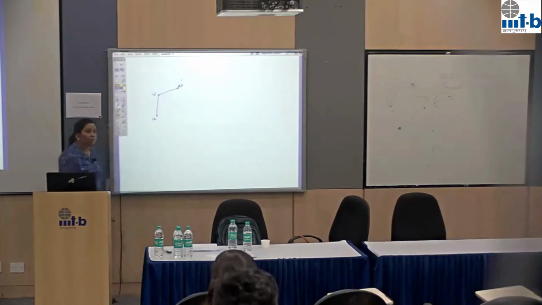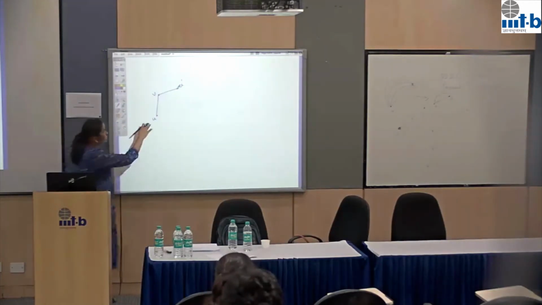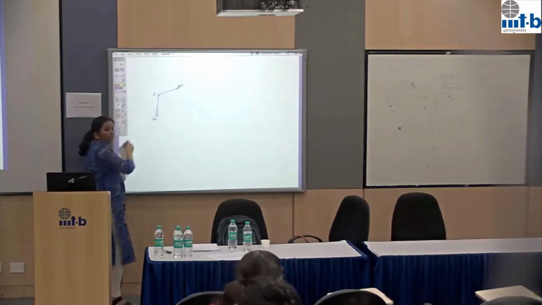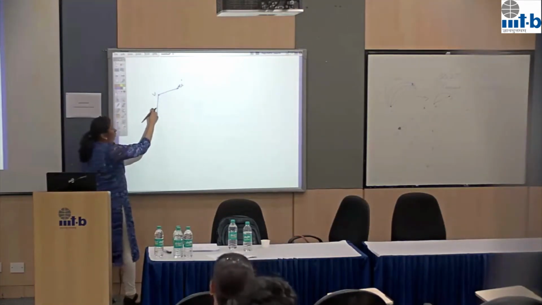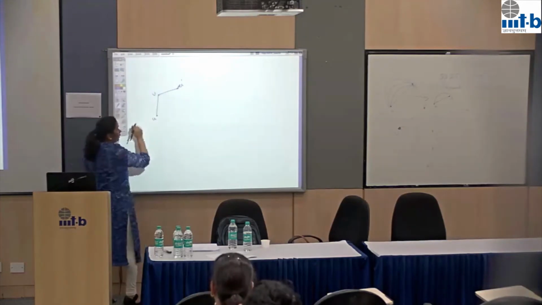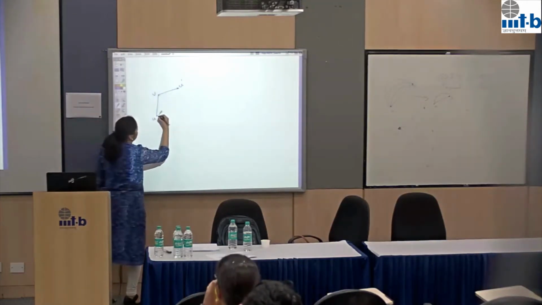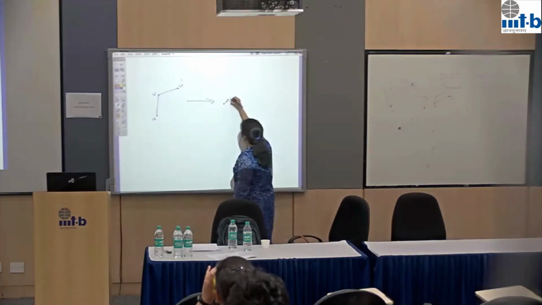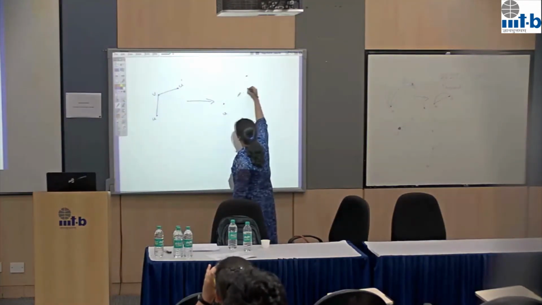For every such vertex you delete V and you delete these 2 edges, and instead you add this edge between U and U prime.